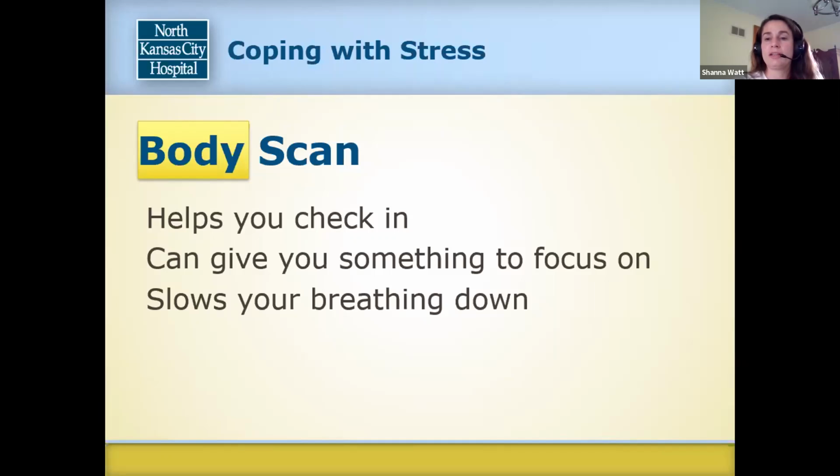When you are ready, start wiggling your toes to wake them up. Go ahead and wiggle those fingers too. And if you have closed your eyes, go ahead and open your eyes.